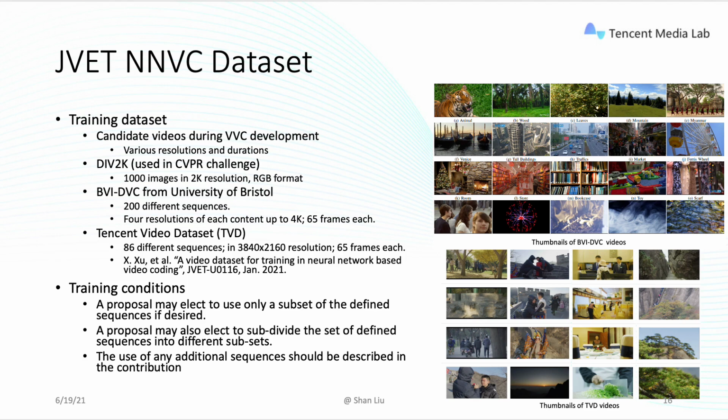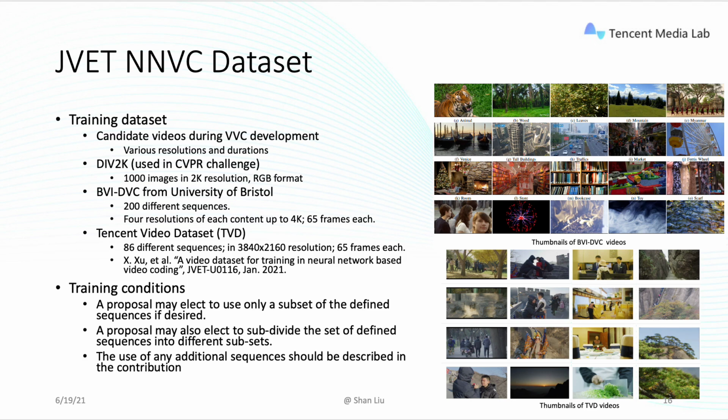Late last year, we identified a video dataset collected by a research group from the University of Bristol, and the group had agreed to let JVET use it for the neural network based video coding exploration activities.